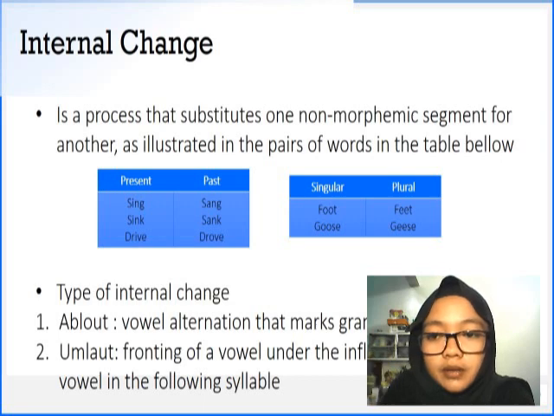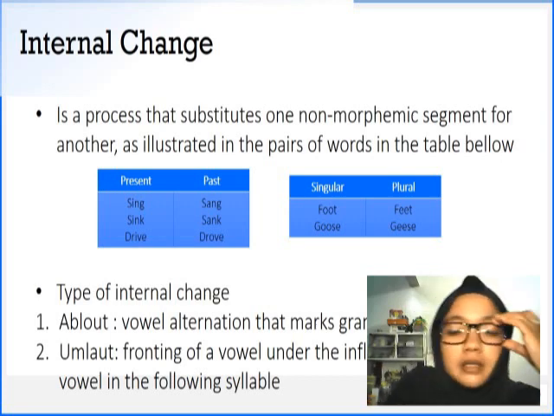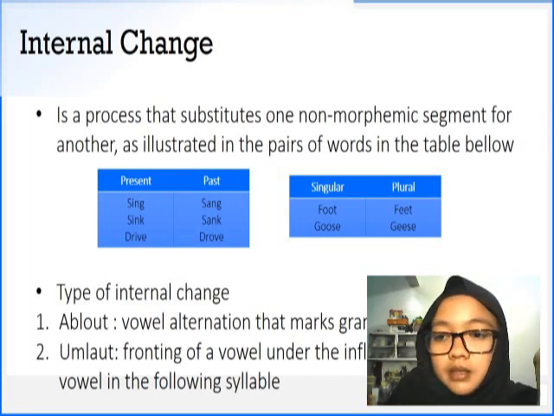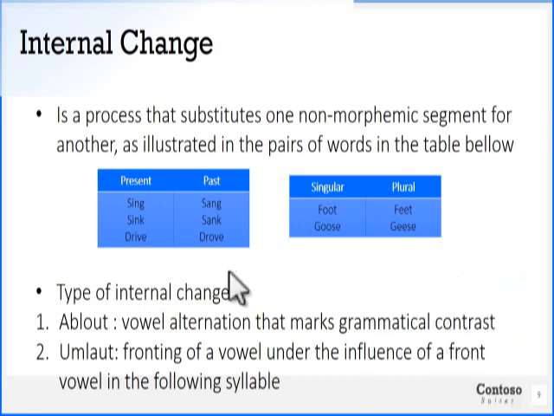I have provided the table there. For the present form, we have the verb sing, and for the past we have sang. Sing, sang.